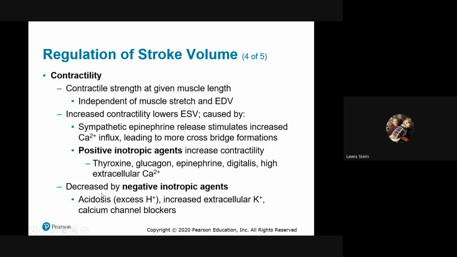And what decreases it? Okay, acidosis. Something diabetics get with, unfortunately, a greater than necessary degree of frequency. Extracellular potassium. You're starting to see calcium and potassium. Very important. Acidity. All those positive charges.